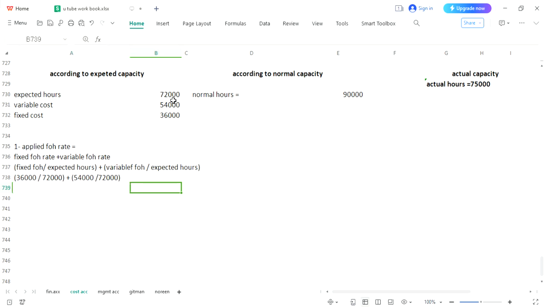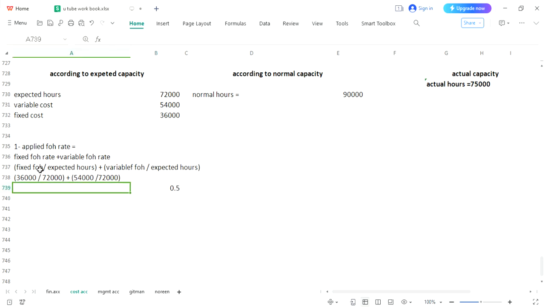Here I am doing the rough work. First we will follow this: 36,000 is divided by 72,000 and you will get your fixed FH rate. That is 0.5.